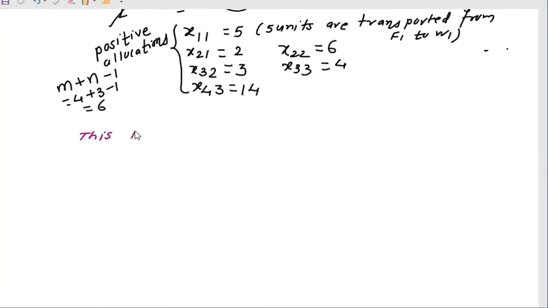This is an initial feasible solution, since it satisfies the row sum restrictions and column sum restrictions.